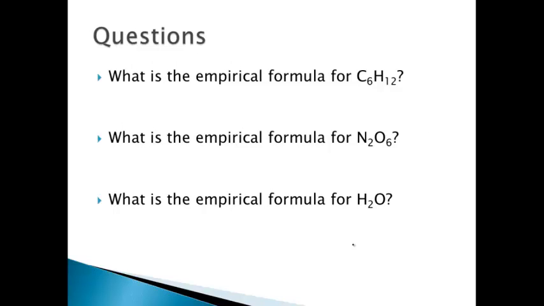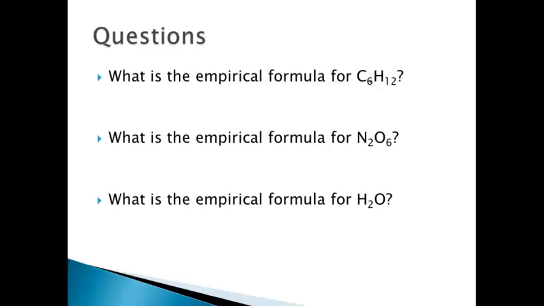We're given the molecular formula C6H12, and I want to know what the empirical formula is for this. Well, the molecular formula shows the exact formula. This is the actual formula. For empirical, we can reduce these numbers. This is a 6 to 12 ratio.